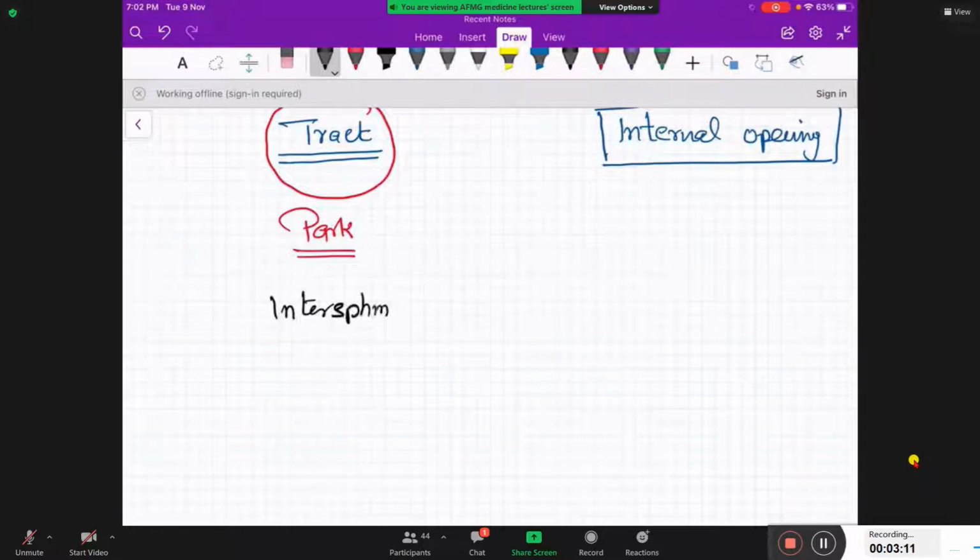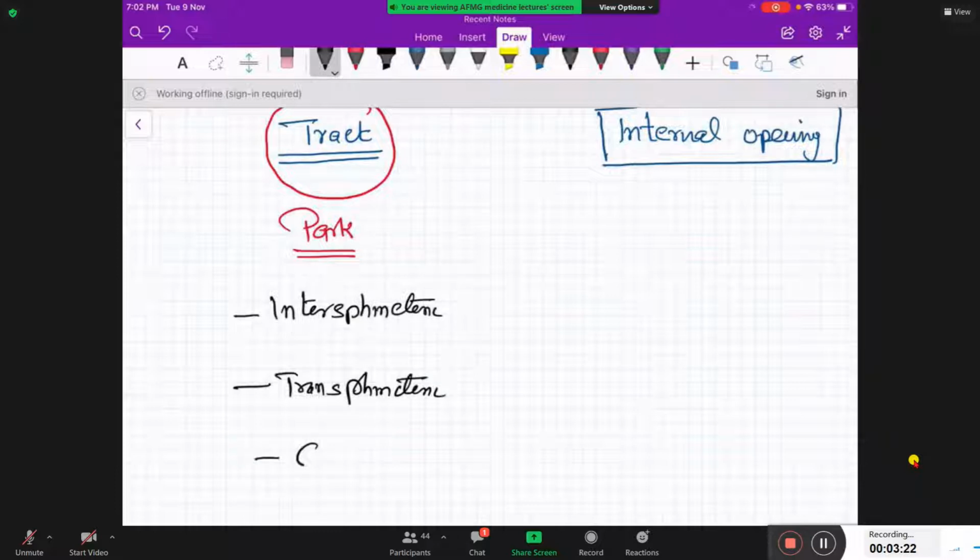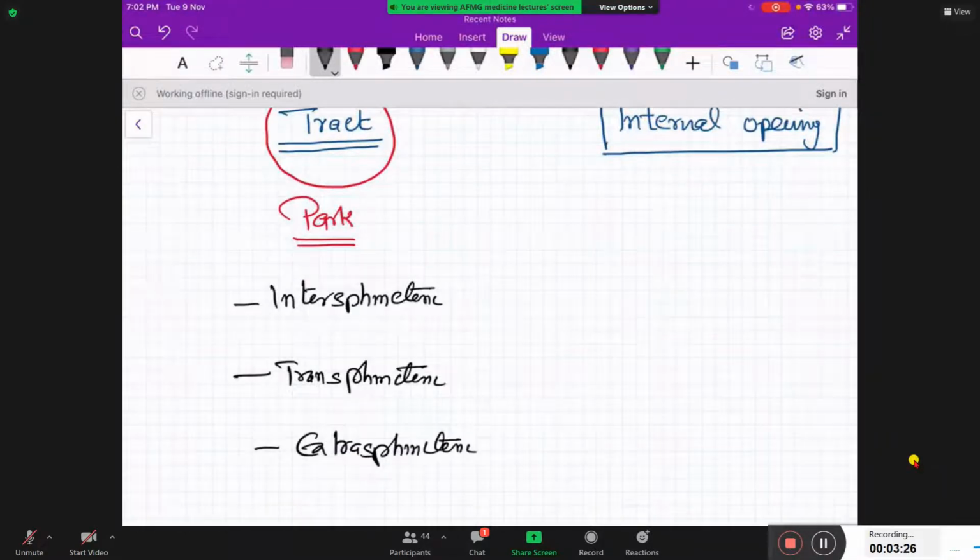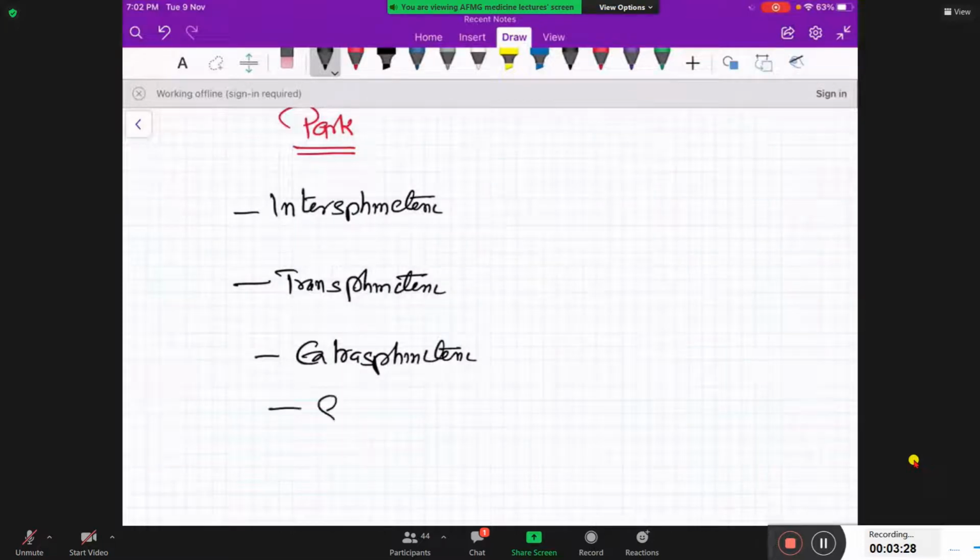intersphincteric, transsphincteric, extrasphincteric, and supralevator.